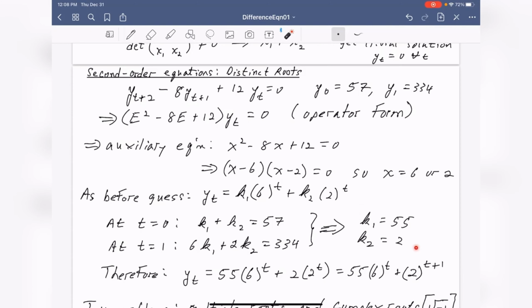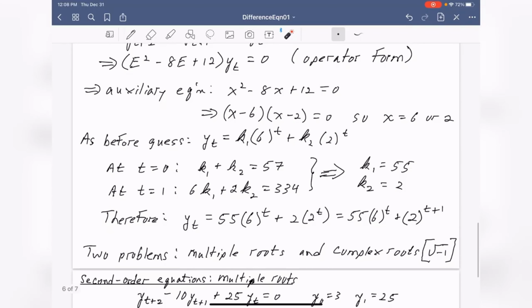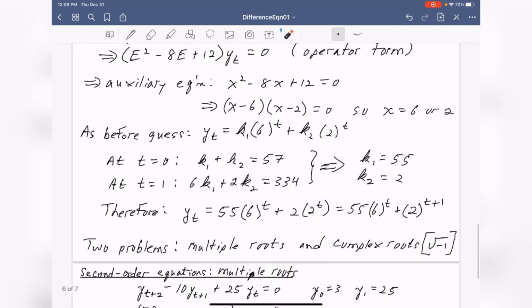We find that k1 is 55, k2 is 2. Therefore, yt is equal to 55 times 6 to the power t, plus 2 times 2 to the power t, which gives 55 times 6 to the t, plus 2 to the t plus 1. Yt plus 1 here because of this 2, so this is 2 to the t plus 1.